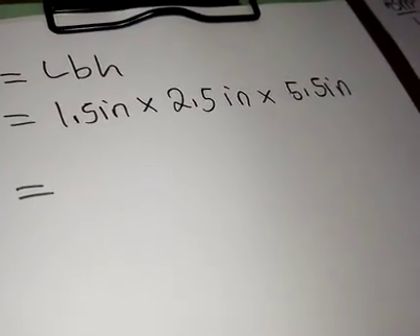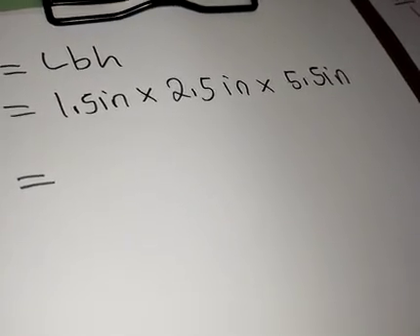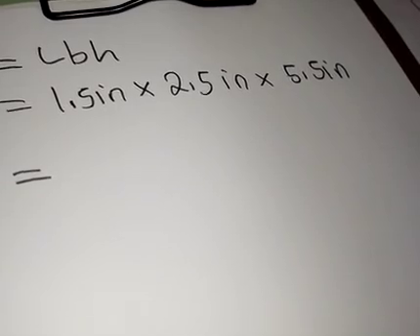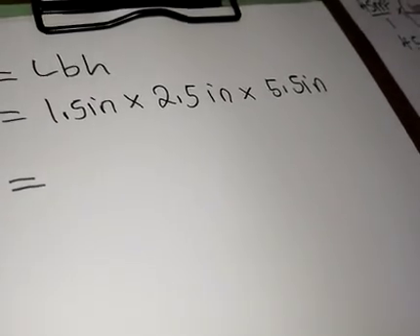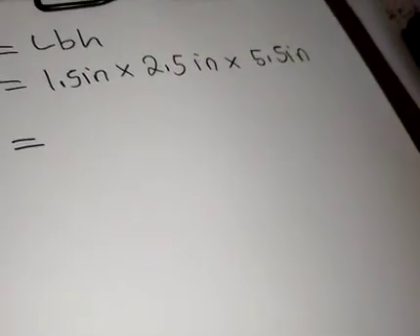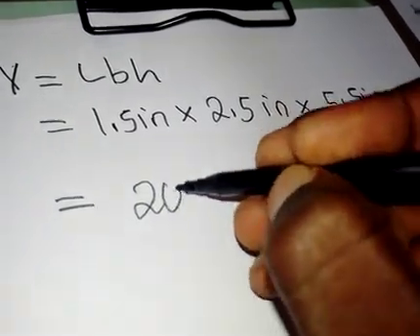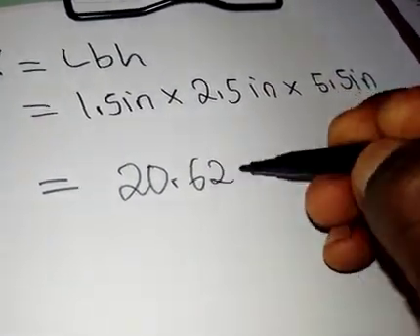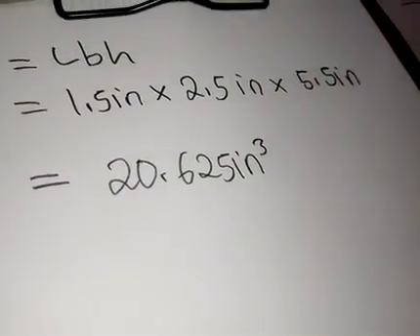So let's just multiply: 1.5 multiplied by 2.5 multiplied by 5.5. We're getting 20.625 cubic inches.